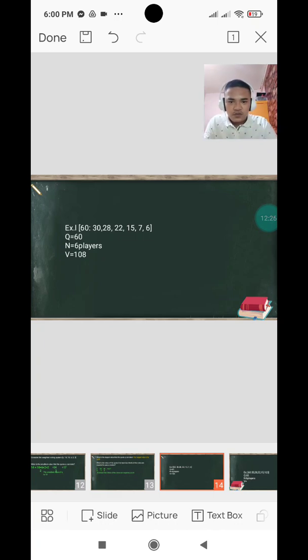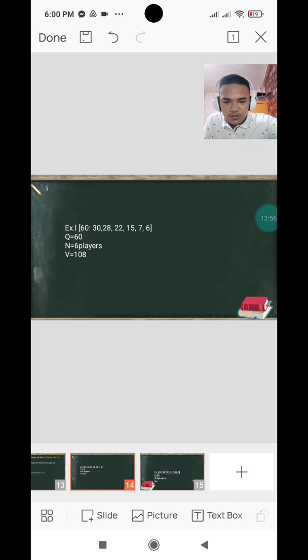We add them: 30 plus 28 plus 22 plus 15 plus 7 plus 6 equals 108. So, our total here is 108, and our N is 6 players. Our quota is 60.